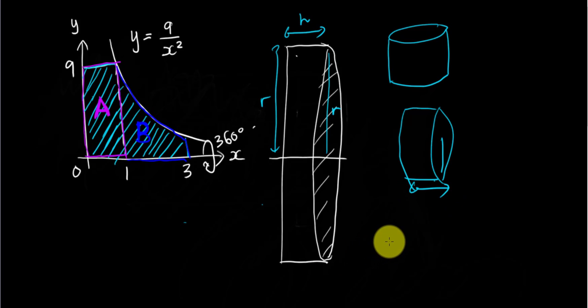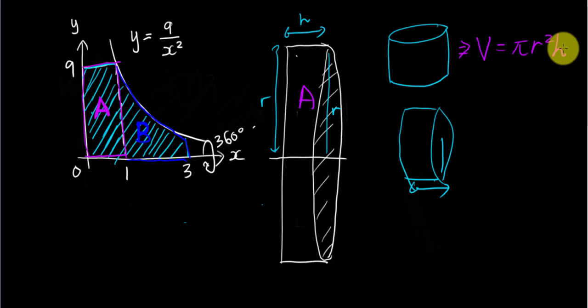Basically the rectangle, I mean the A after it rotates, will become a cylinder. Of course you should know the volume of a cylinder formula. The volume of a cylinder is equal to pi r squared h.